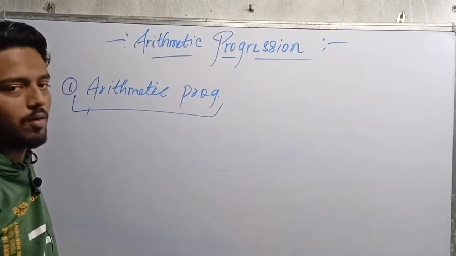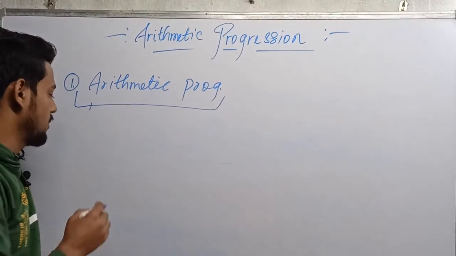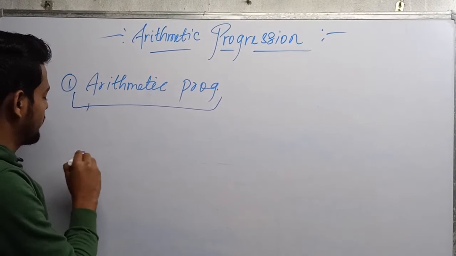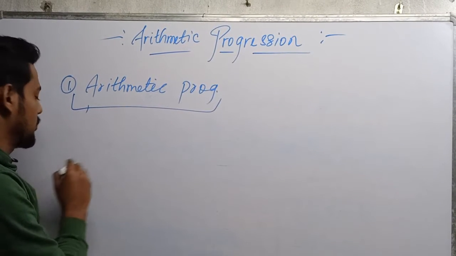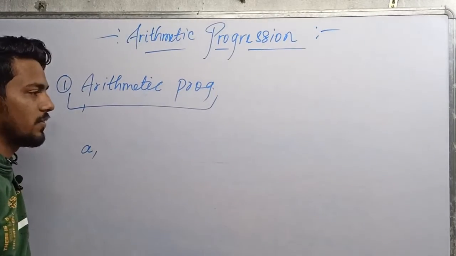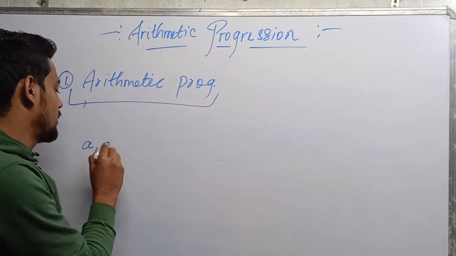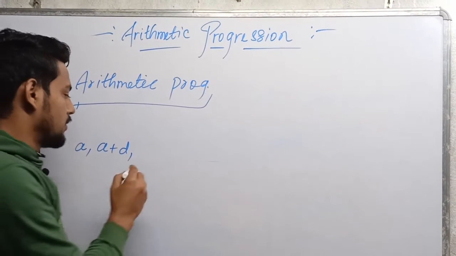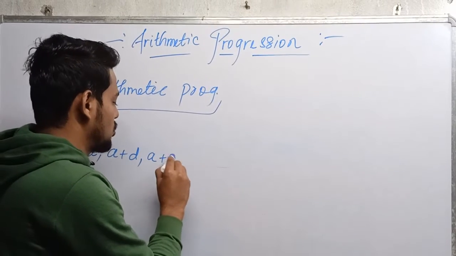The general term of an arithmetic progression. Let's say the first term of the progression is a, and the common difference is d. The second term becomes a plus d. The third term becomes a plus 2d.